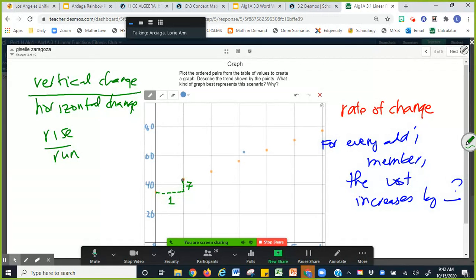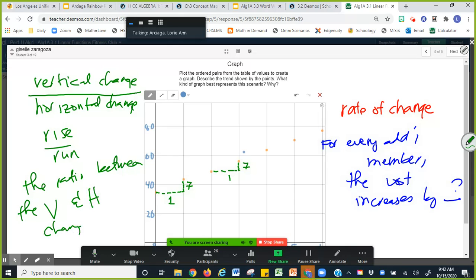And regardless of what points you use, that's going to be constant, right? So 7 and then 1. Okay, so you say the ratio between the vertical and horizontal changes is what? Okay, so that's how you can relate what's happening in the table and what's happening on the graph.